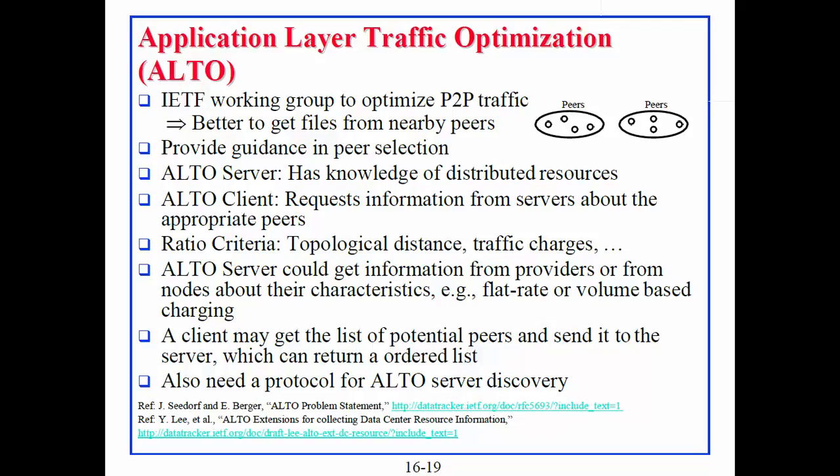So the idea is, as we've spoken previously, peers communicate in kind of a random fashion. So it's very possible for the next peer that you're using, if you're in the United States, to be communicating with a peer from Germany, basically wasting network resources.